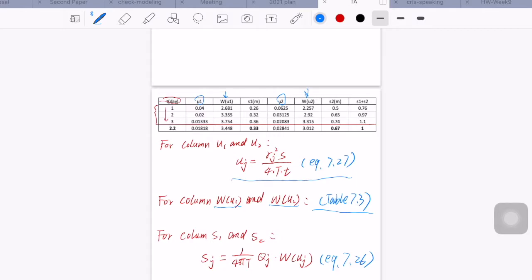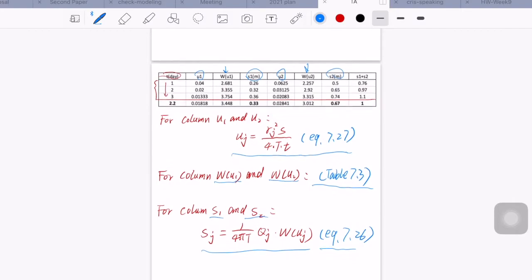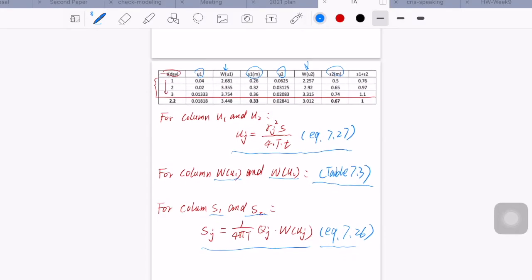And then for column S1 and S2, we can use these equations to determine the values. This equation is equation 7.26 in the textbook. And now we can determine S1 plus S2.